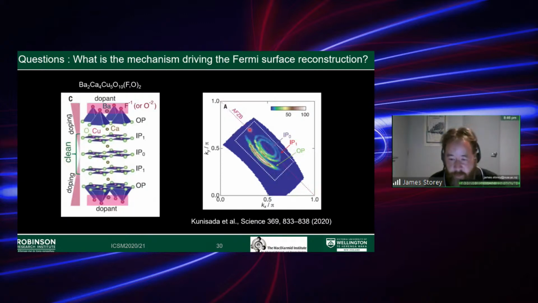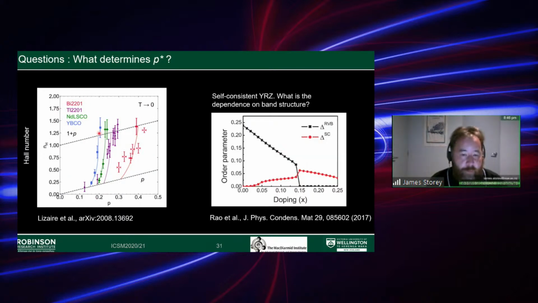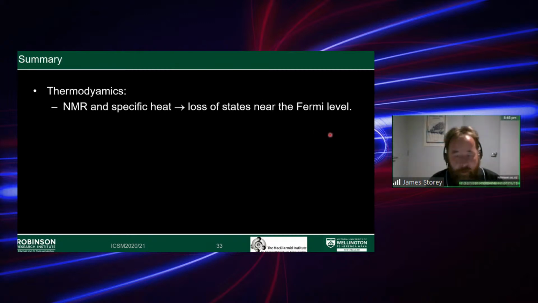Also, there were some nice ARPES results published on this 5-layer system, where the innermost planes seem to exhibit a symmetric hole pocket consistent with spin density wave reconstruction. Running out of time here, but what determines P star? It seems to depend on the family of cuprate. Does it have a dependence on band structure parameters? I'll skip this and go to my summary.